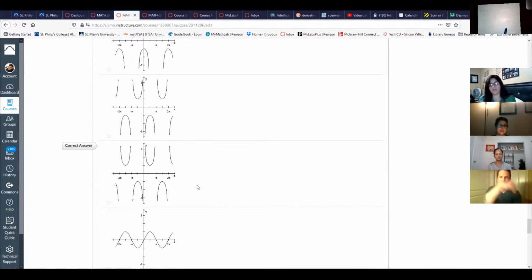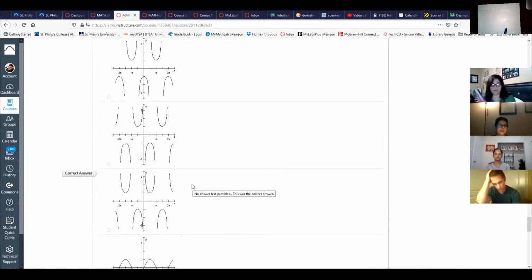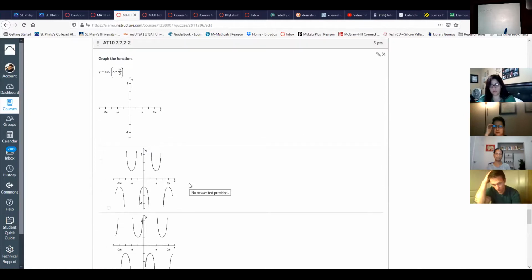So how do we do that on these calculators? Because I don't see secant on here. Secant is defined as what? 1 over cosine, right? So you would plug in 1 over cosine for the graph, and that's it. So let me show you.